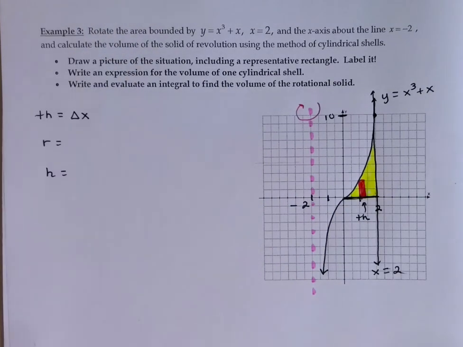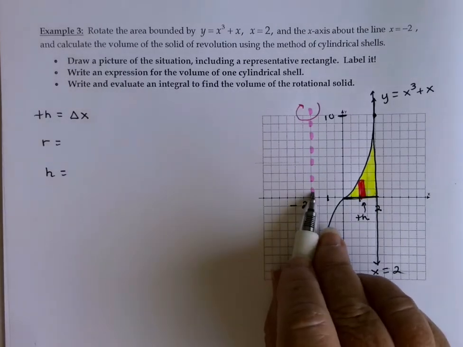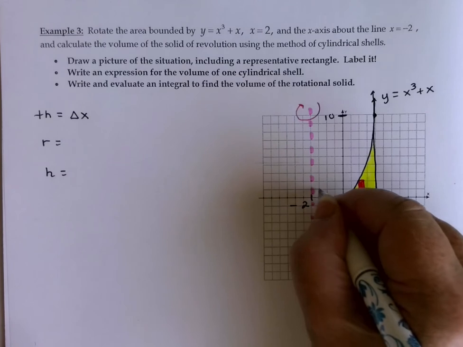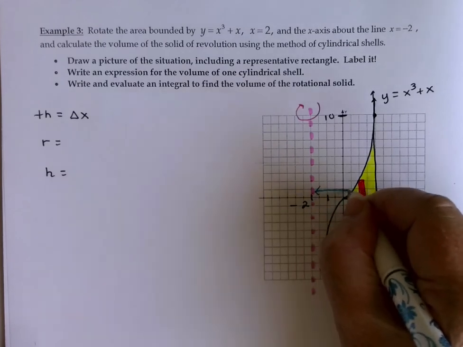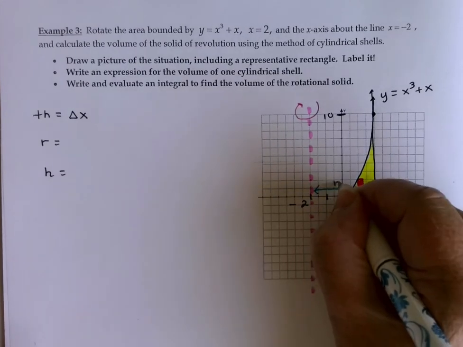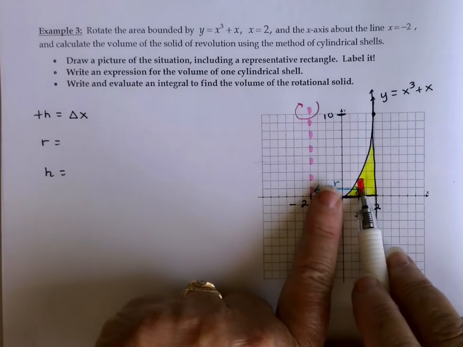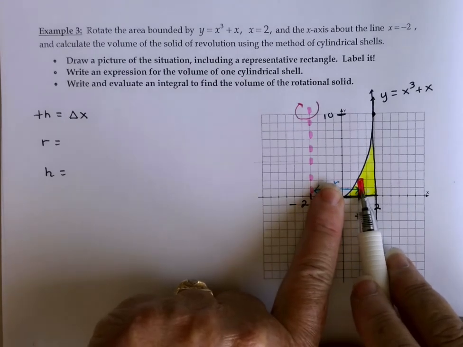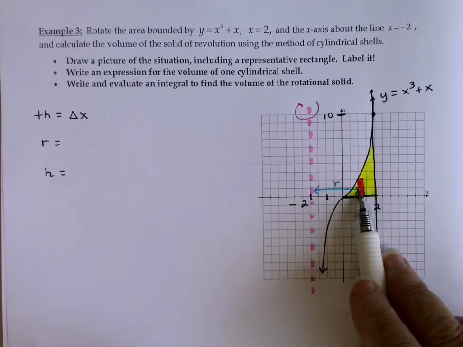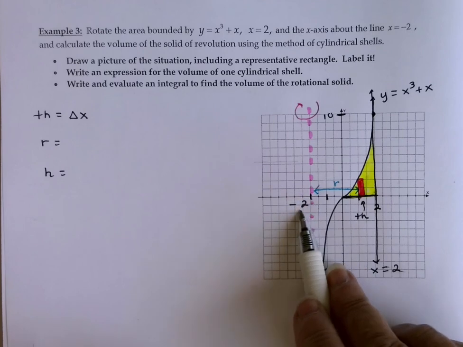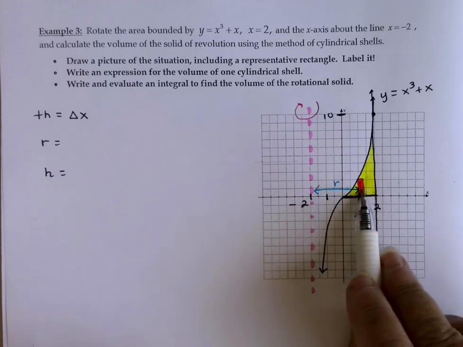Watch out for the radius on this one. The radius goes from the axis of rotation to the rectangle. So the radius isn't just the x value, which would be over here. It's actually the x value minus negative 2. Think right minus left.